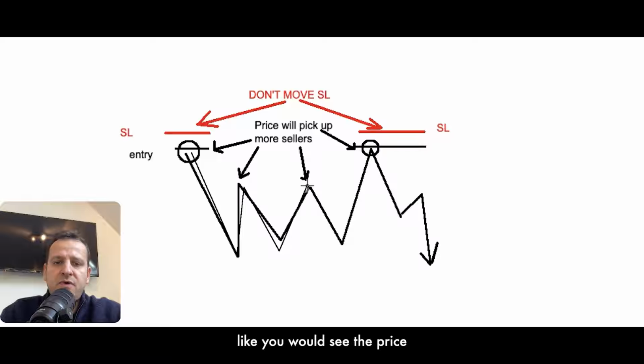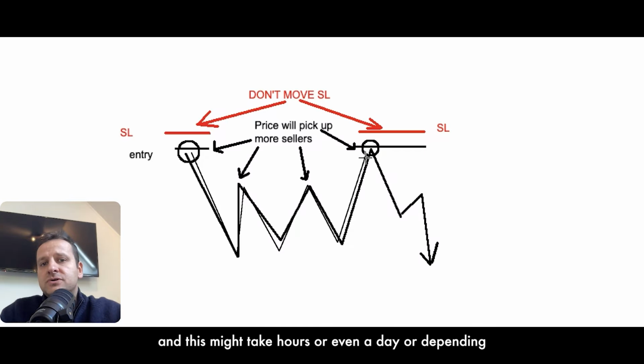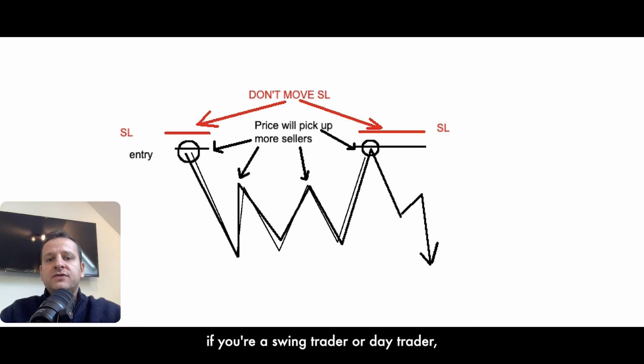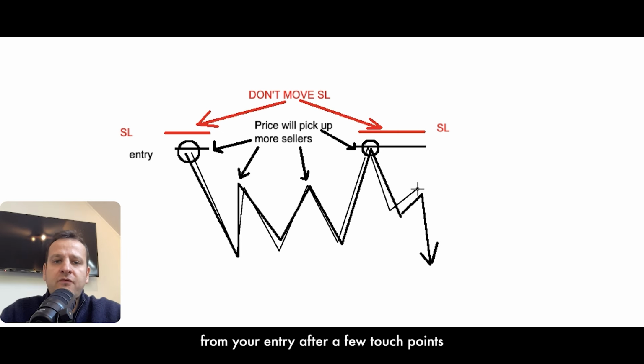You would see the price going higher a few times, and this might take hours or even a day, depending on which asset class you're trading and on your stop loss. If you're a swing trader or a day trader, this might take a little bit of time to accelerate the move. And then at the point that the price is actually moving away from your entry, after a few touch points like here, this is a clear indication that you're on the right track.